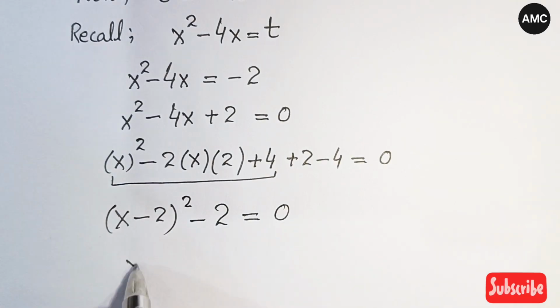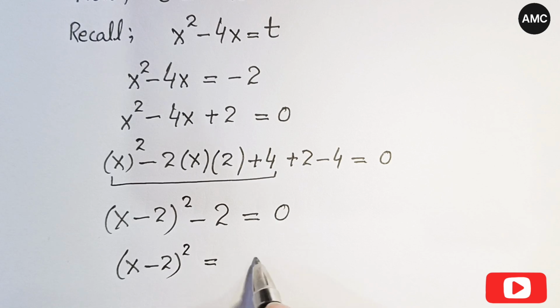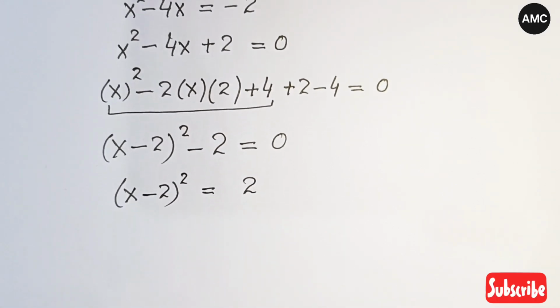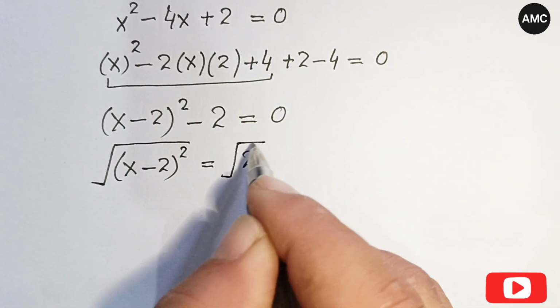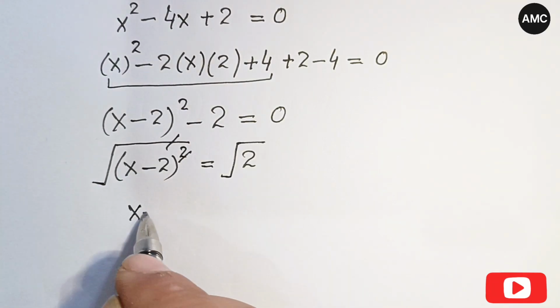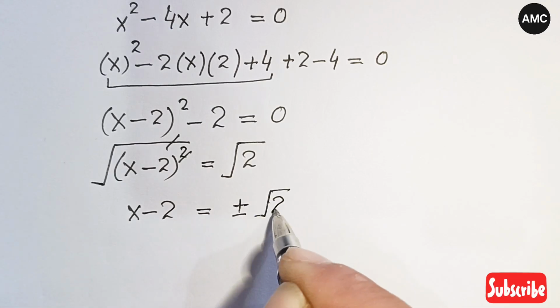Now for finding the value of x, we have to just shift this minus 2 over right hand side, we get plus 2. Now taking square root on both hand side, so it will be cancelled. x minus 2 is equal to plus minus square root of 2.